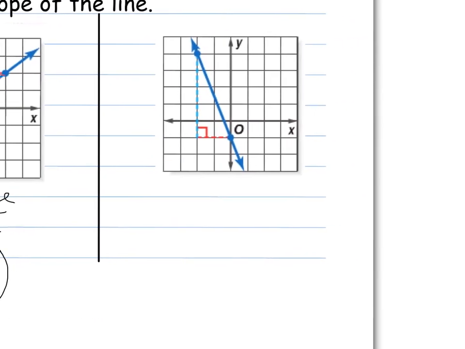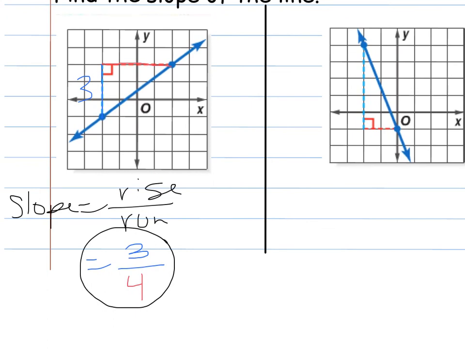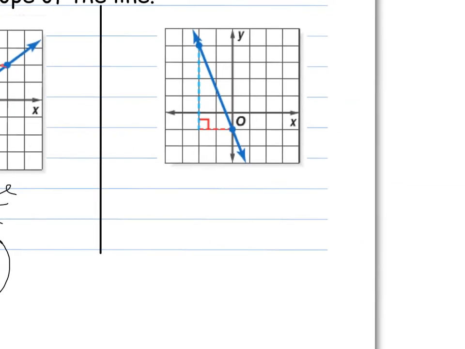Over here, notice this one was going up left to right. That would be a positive slope. This one's going down left to right, so we should assume that this is going to be a negative one. So we look, slope is rise over run. So I see that I'm going down 1, 2, 3, 4, 5 units down, and I'm going to the right 2 units.